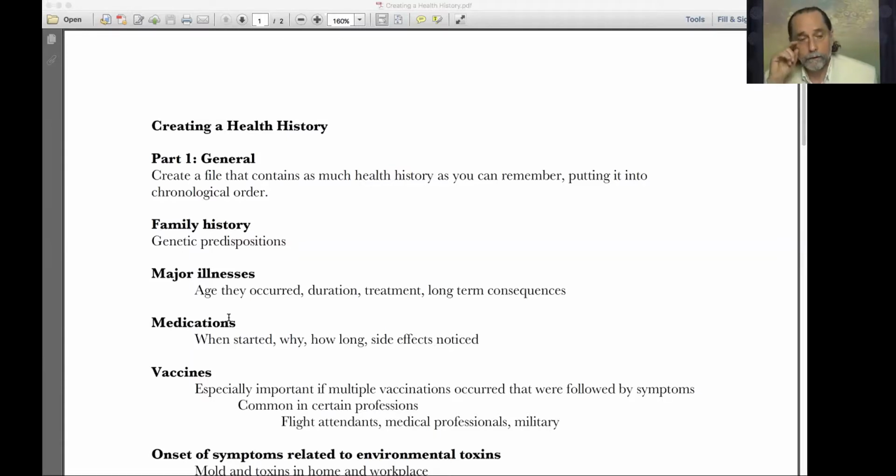And then part 2, you can also go through and list this by system, digestive system, respiratory, and so forth. All right, so that's the other part of your homework assignment. And this will give you even more insight into who you are and how to start connecting some dots.